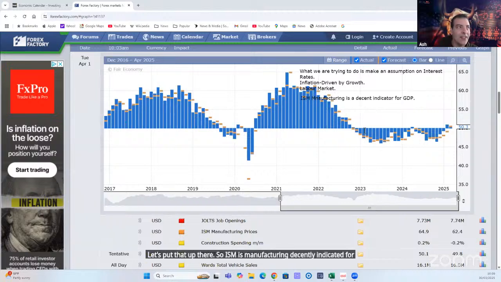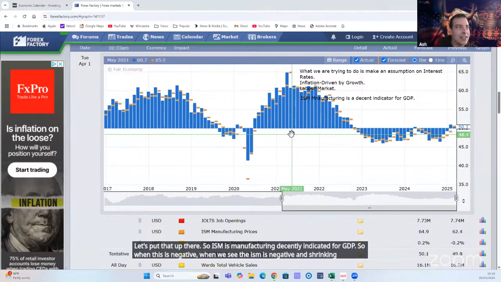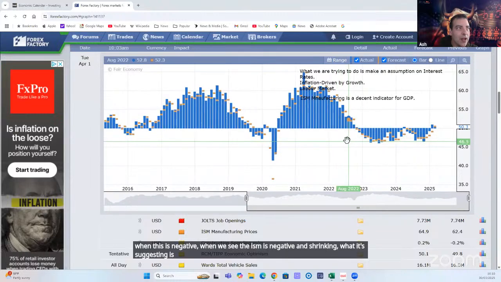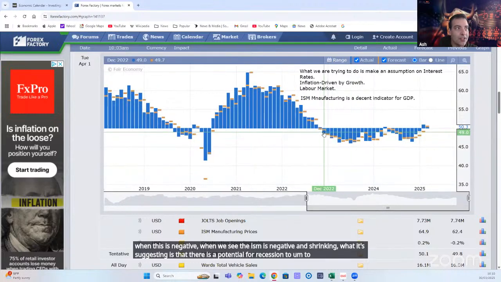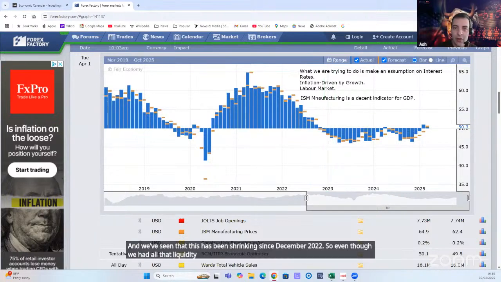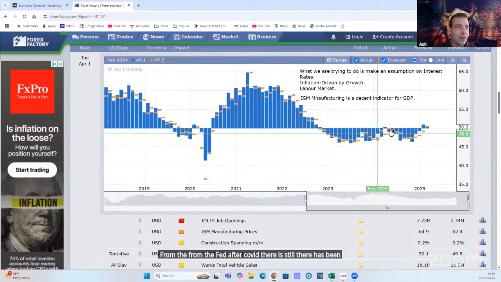When we see the ISM is negative and shrinking, what it's suggesting is that there is a potential for recession to be on the cards. And we've seen that this has been shrinking since December 2022. So even though we had all that liquidity in the market from the Fed after COVID, there has been consistent shrinking of ISM.